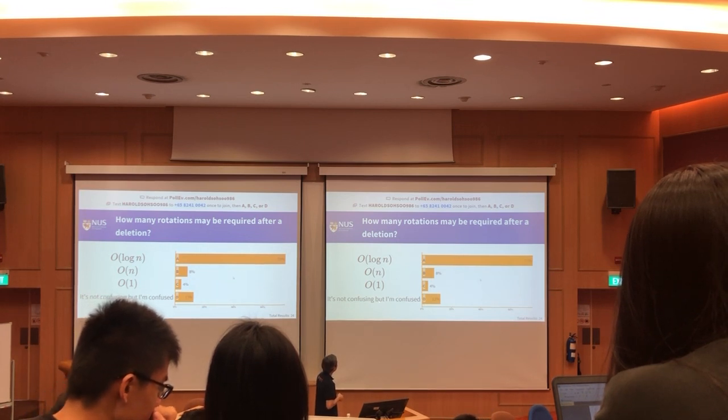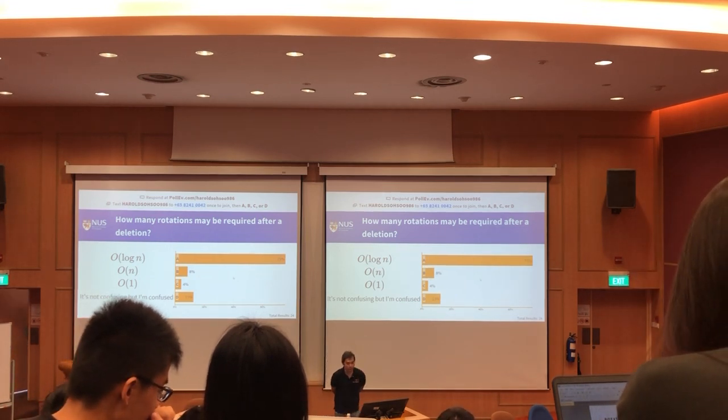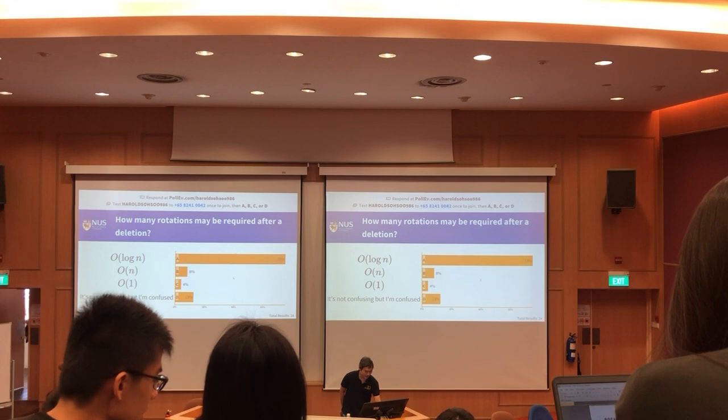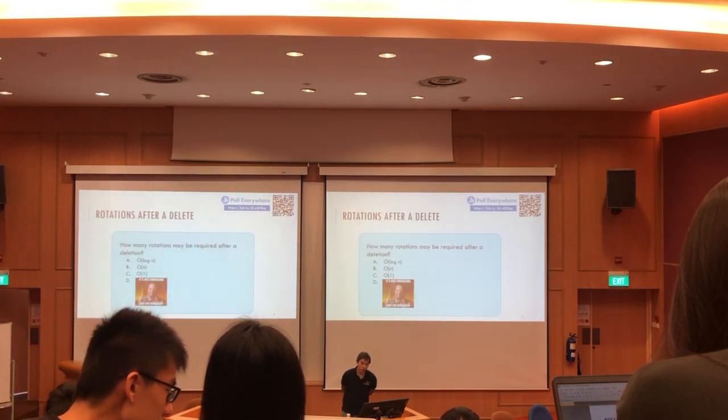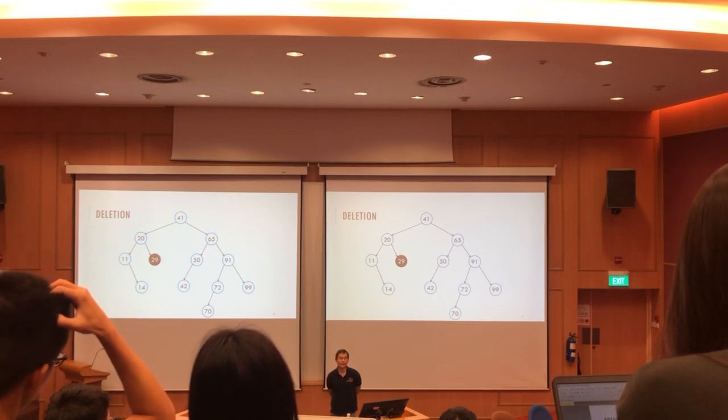Some people are confused, which is normal. O(n) is 8% and O(1) is 4%, out of the 24 respondents. So the right answer is, in fact, I'll show you an example.